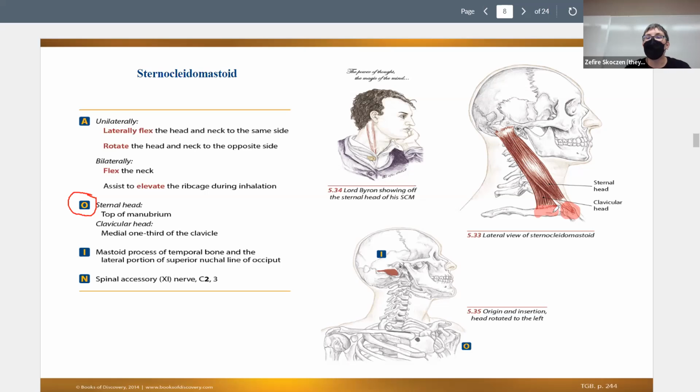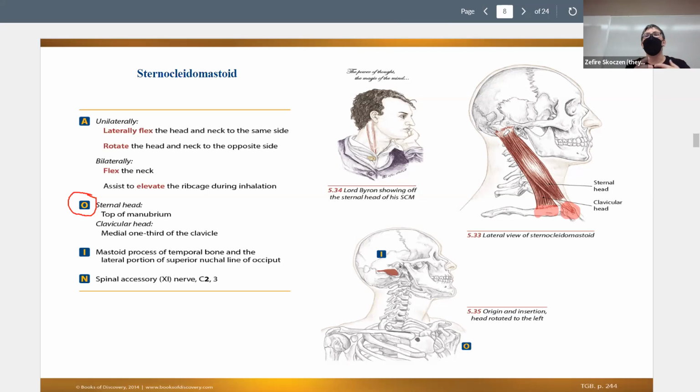And so both share this clavicle as an attachment, right? And the upper traps come all the way to the lateral two-thirds of the clavicle. And then up here on the mastoid process, where it goes back to the nuchal line, that is continuous with the trapezius as well. So I think those connections are interesting.